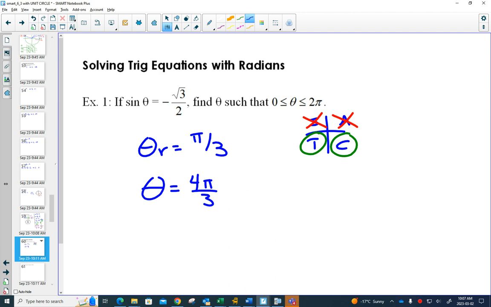What is your pi over 3 family in quadrant 4? 5 pi over 3. So we save a lot of time because we don't need our calculator. Our reference angle is easy to find, and then we just have to think what quadrants it's in to write our final answer.